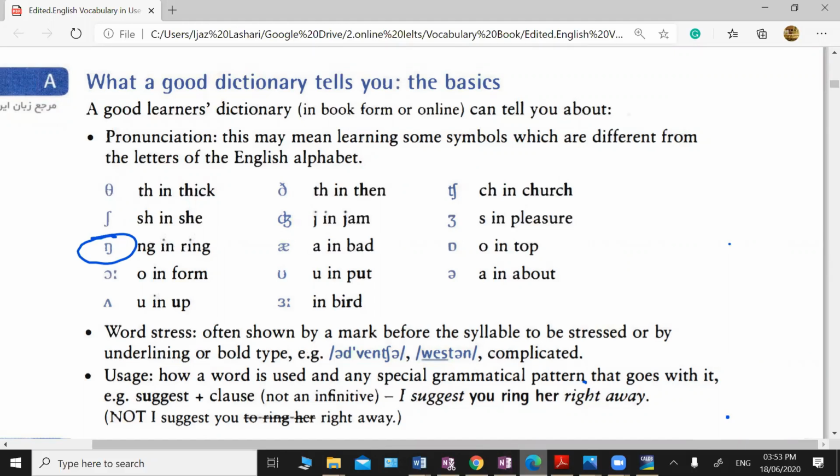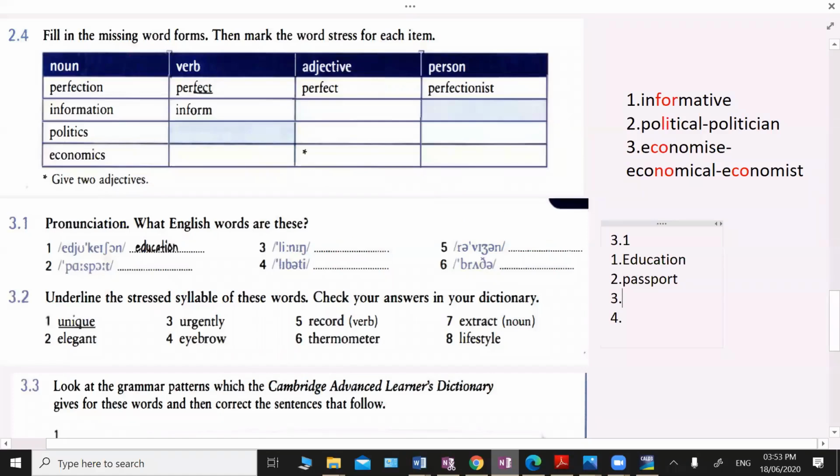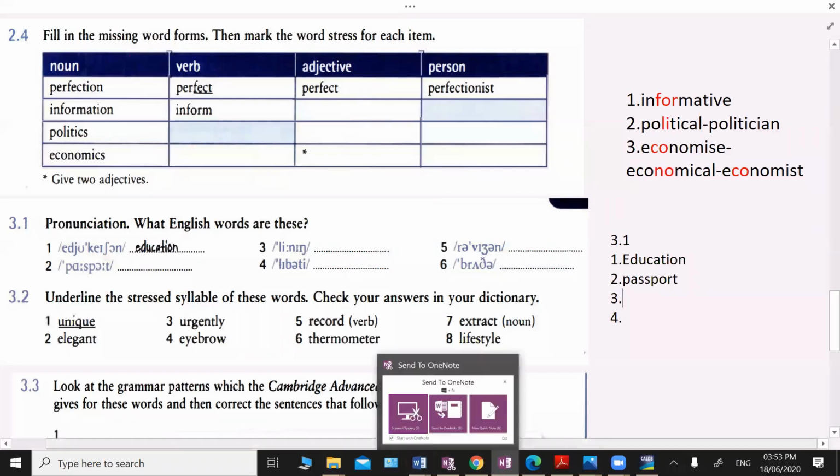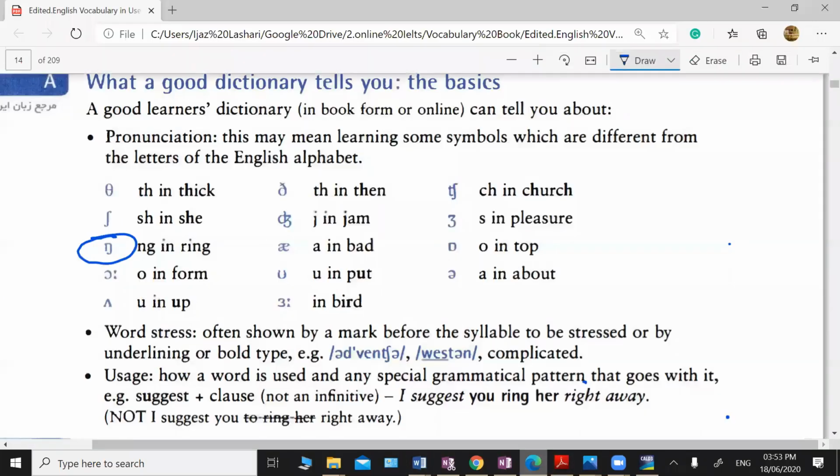And I will show you the page again, the question. See here. The last one I have told you. And there is another one. I will tell you what that is.